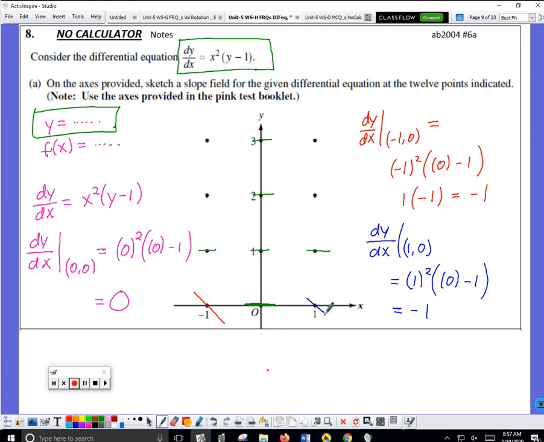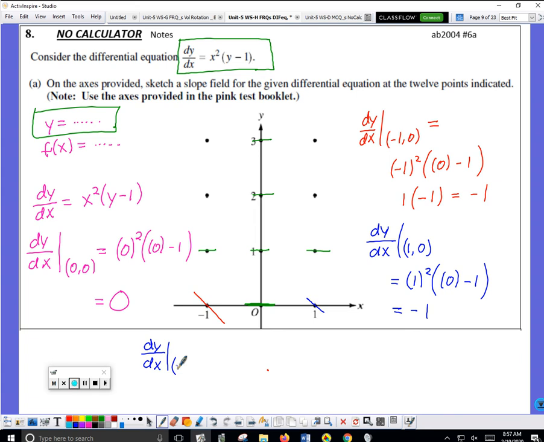Okay. You just keep going. Just same thing. Like if I go here, so Matt noticed very nicely that it doesn't matter if x is positive or negative, the result's going to be the same. So I don't have to calculate two values here, I just need to calculate one. So that would be like dy dx at, you don't have to show any work on this problem.